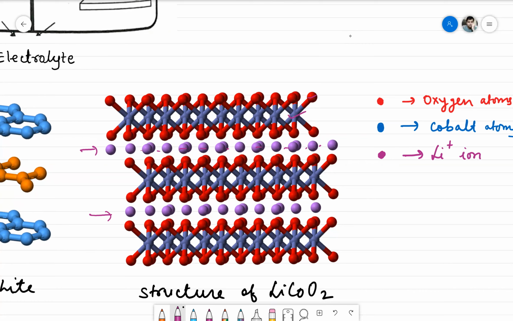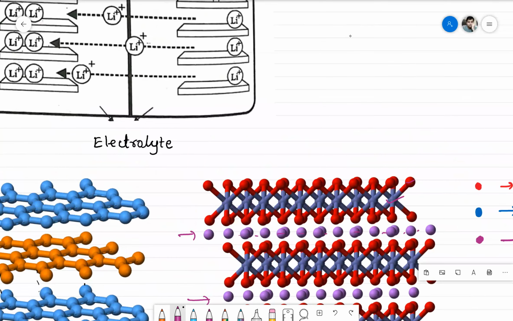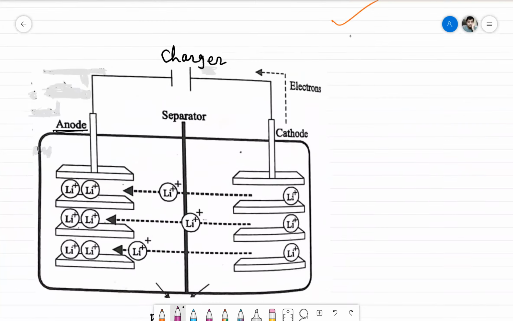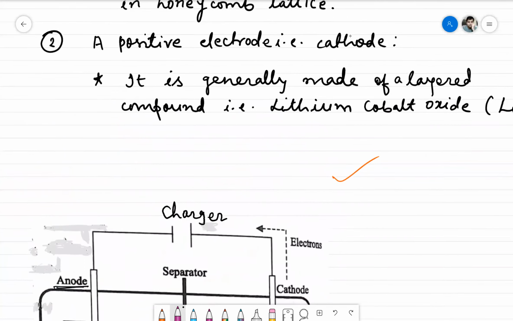So these lithium ions can easily move out of these layers without destroying the cobalt oxide lattice during charging and discharging. So this type of layered compound is used as a cathode in the case of lithium ion battery.